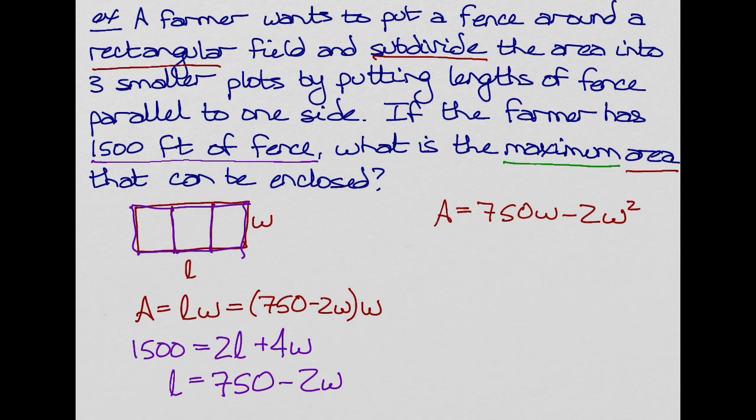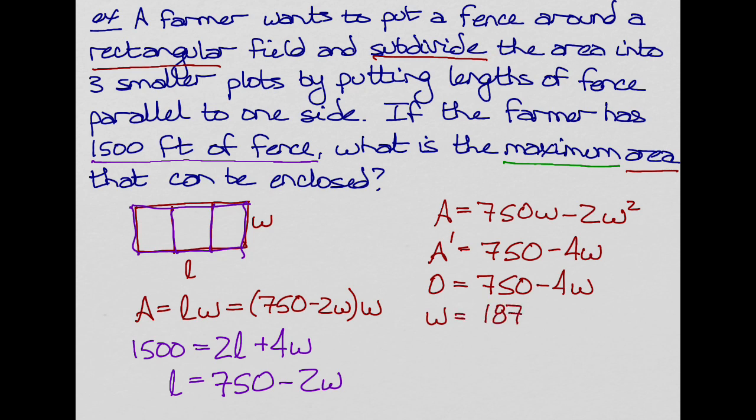Now we're ready. Let's take a derivative. There it is. I'm going to set that equal to 0 and solve to find critical numbers. If I add 4W on both sides and divide by 4, I get 187.5 feet.